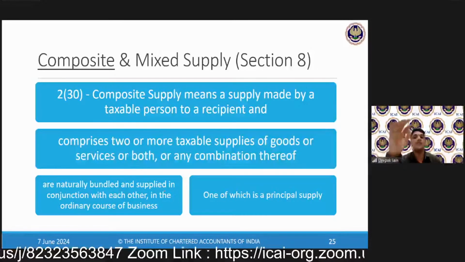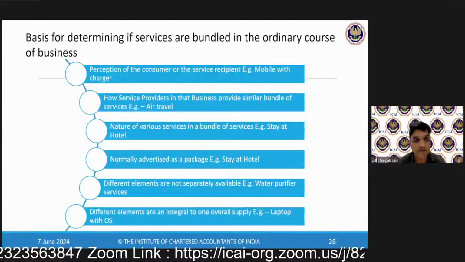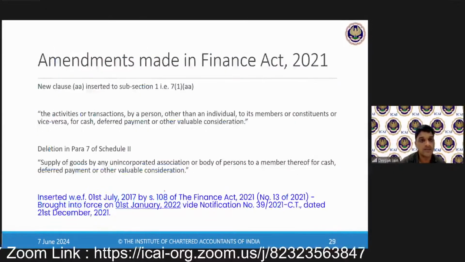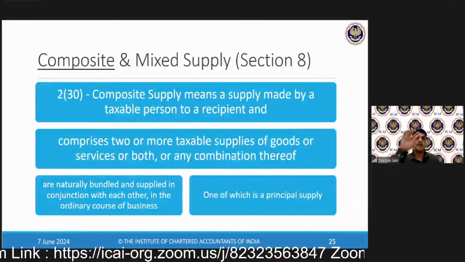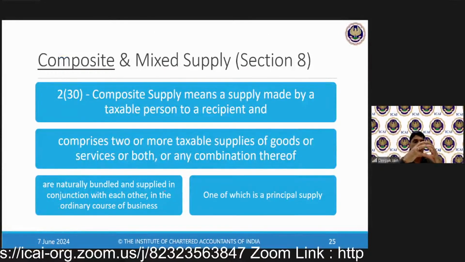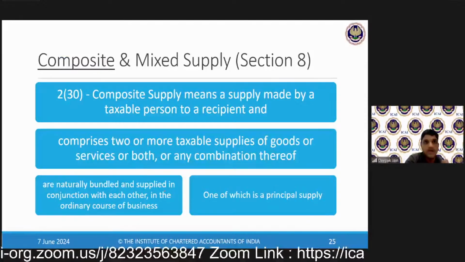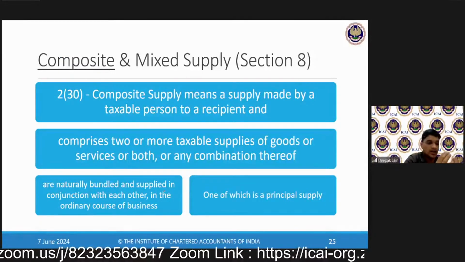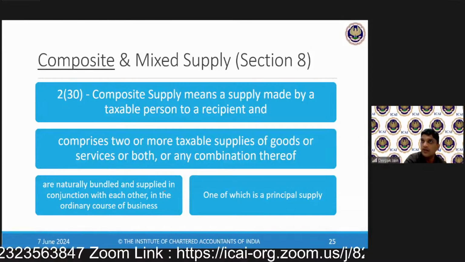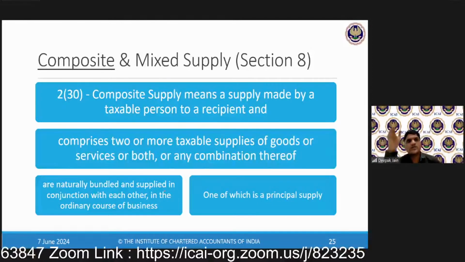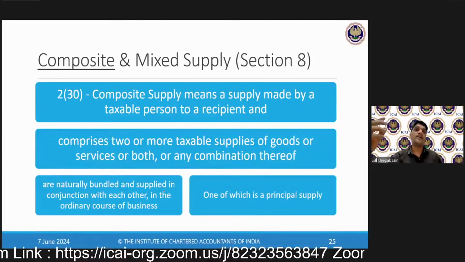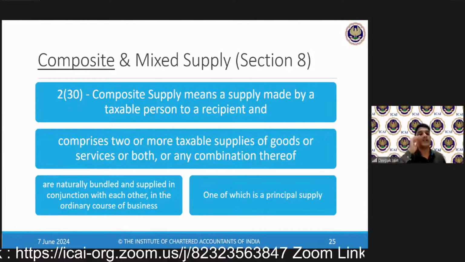I'll take an example to make you understand this. A composite supply is a supply wherein there are two or more supplies at minimum, both bundled or attached together. I go and buy an air conditioner. By default, whenever I buy a new air conditioner in the market, the air conditioner supplier itself will come and do the installation.